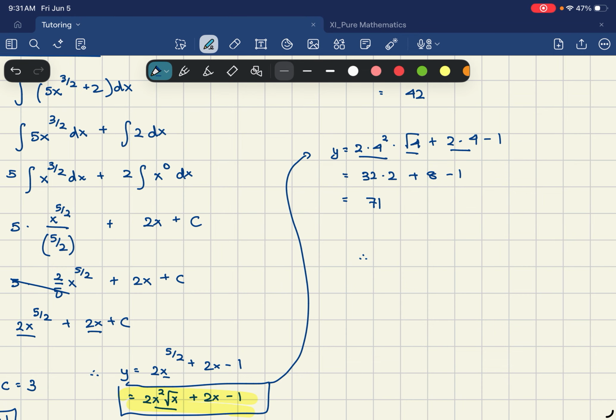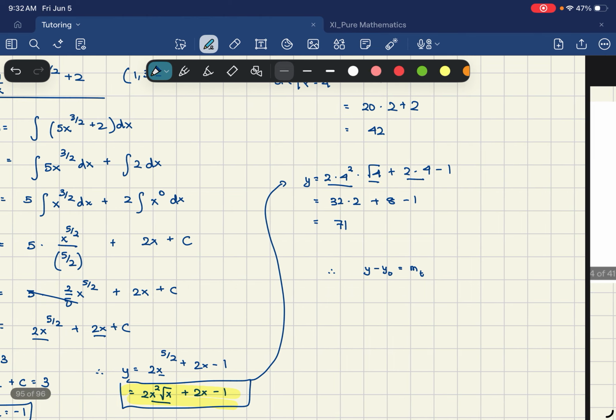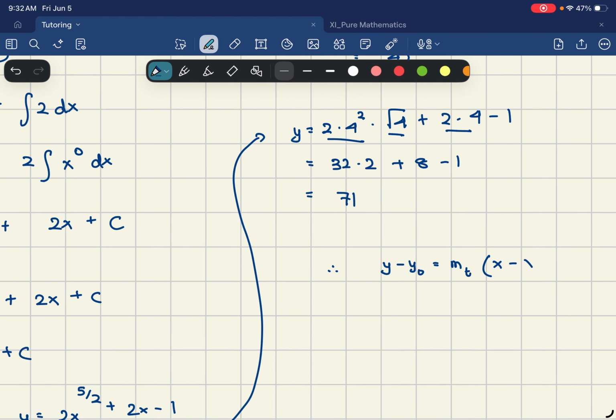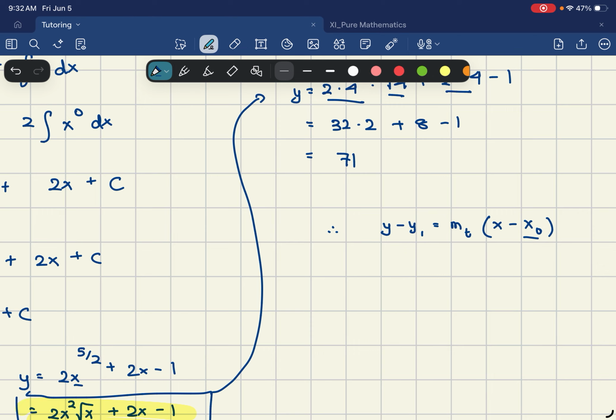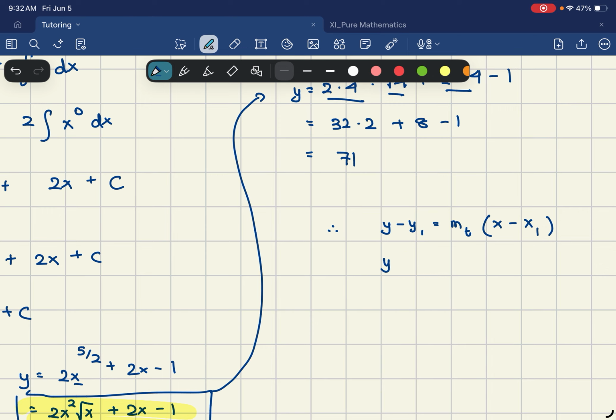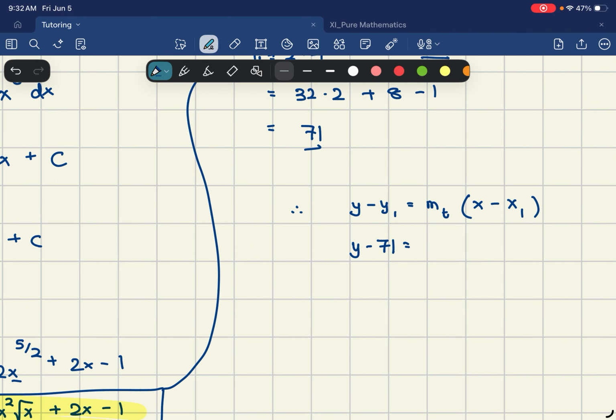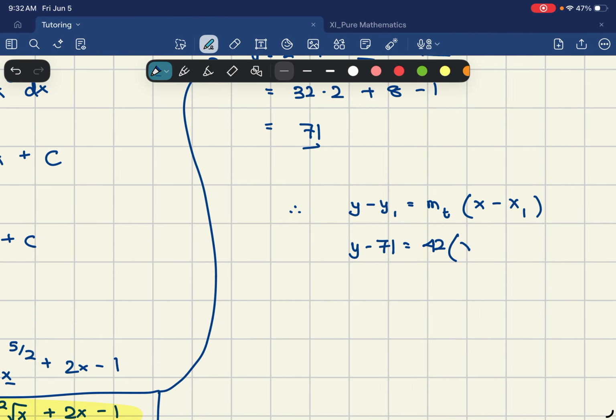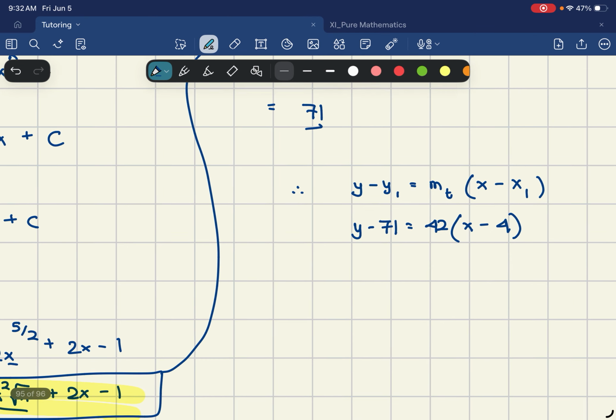Therefore, your equation is going to be y minus y0 equals the slope of the tangent, since it says the tangent line, times x minus x0, which are the arbitrary points, or x minus x1, if you prefer the subscript 1, is also fine. So y minus 71, slope of the tangent we found to be 42, times x minus 4, because we used x is equal to 4.